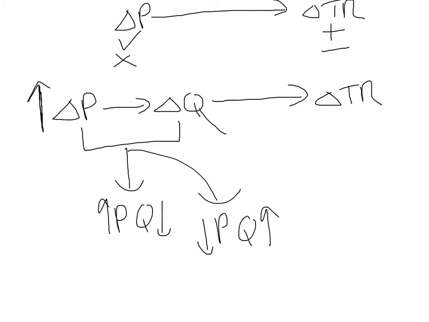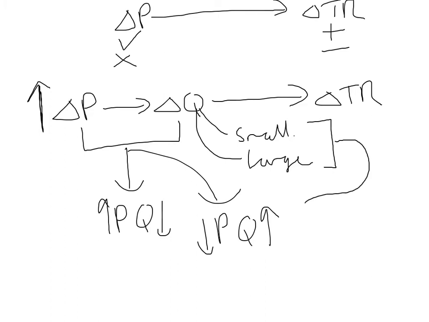Is quantity changing by a small amount, or by a large amount? So what we want to try and determine is the degree of elasticity that quantity has in response to a change in price.